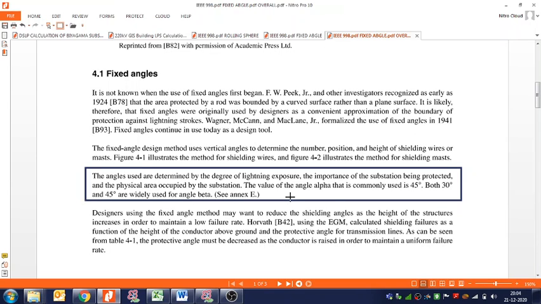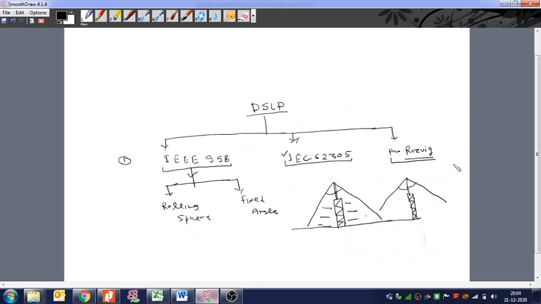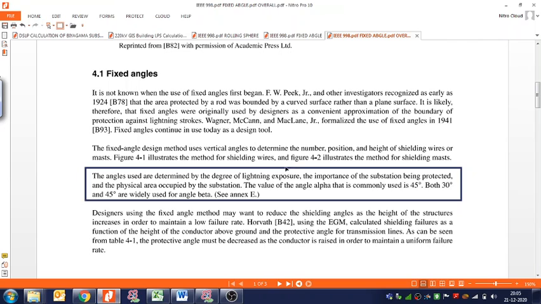The value of the angle alpha that is commonly used is 45 degrees. So this angle is called alpha, and it will be a 45-degree angle. We can remember it like this: inner angle 45 degrees, and the outer angle is 30 degrees. Both 30 degrees and 45 degrees are widely used for the angle beta.